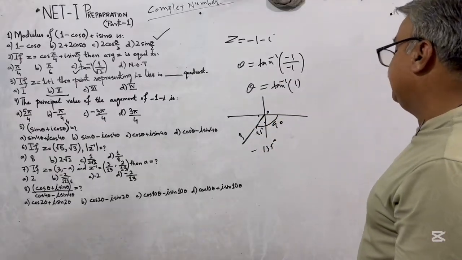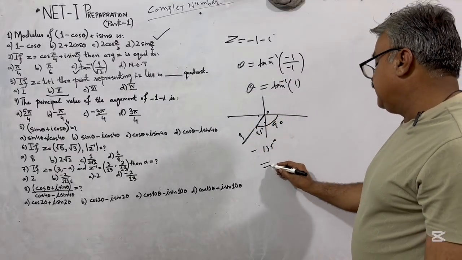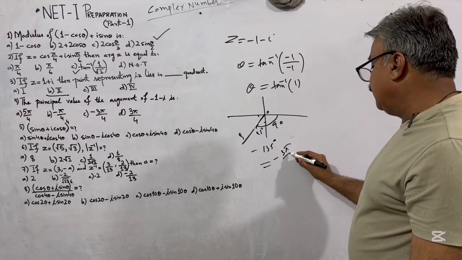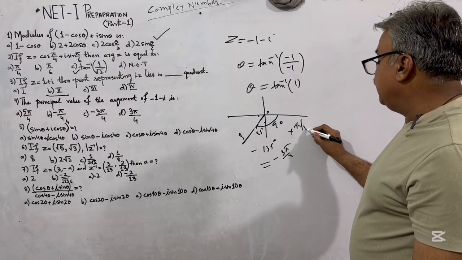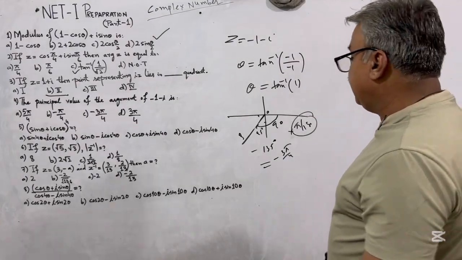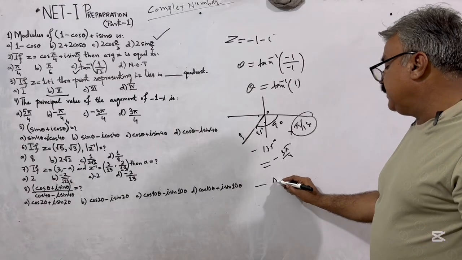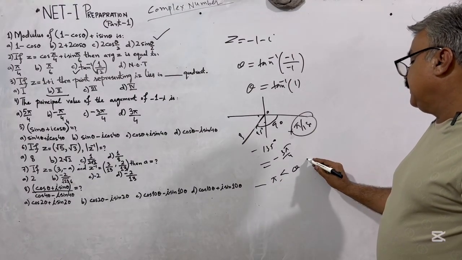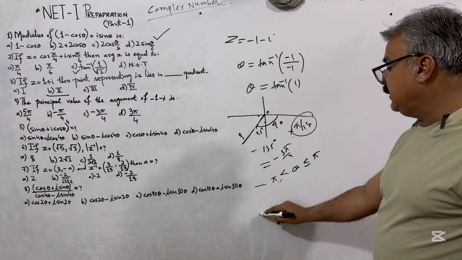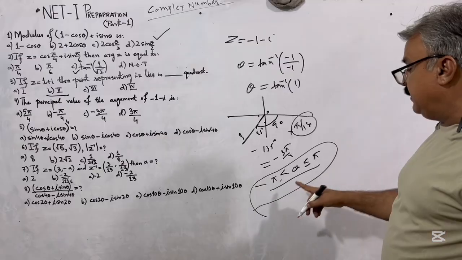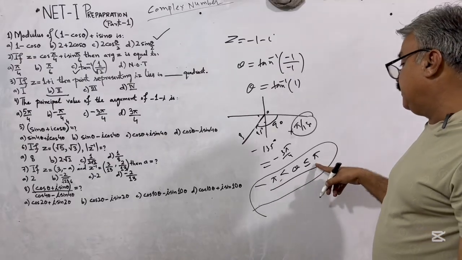It is negative 135. Negative 135 can be represented as negative 3 pi upon 4 by multiplying by pi over 180. That is our answer in that case. And don't forget, our principal angle must lie from minus pi to pi, that is, a semi-closed interval is the value of this principal argument, from minus pi to positive pi.